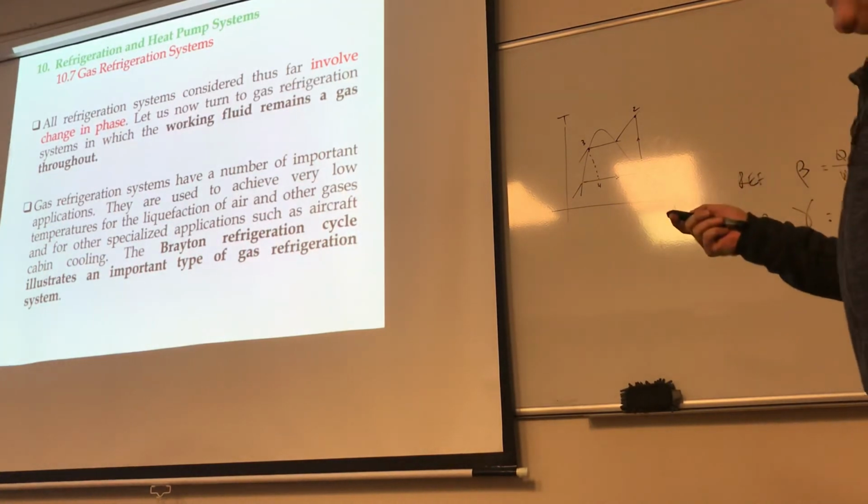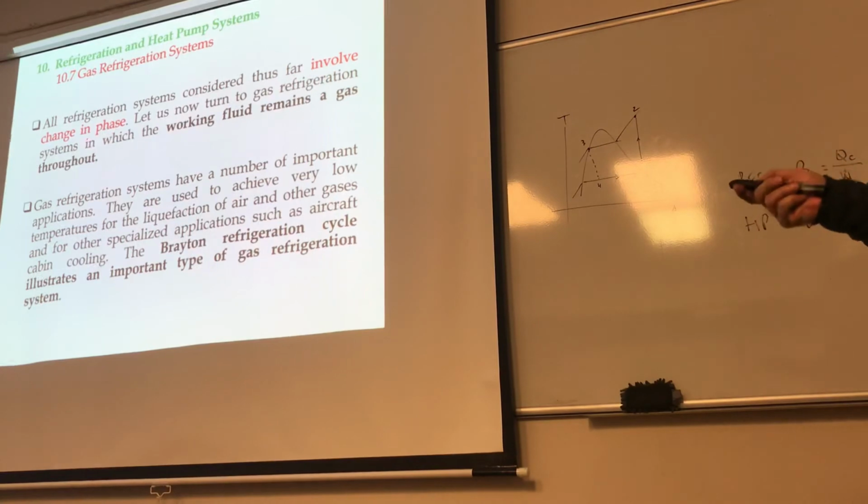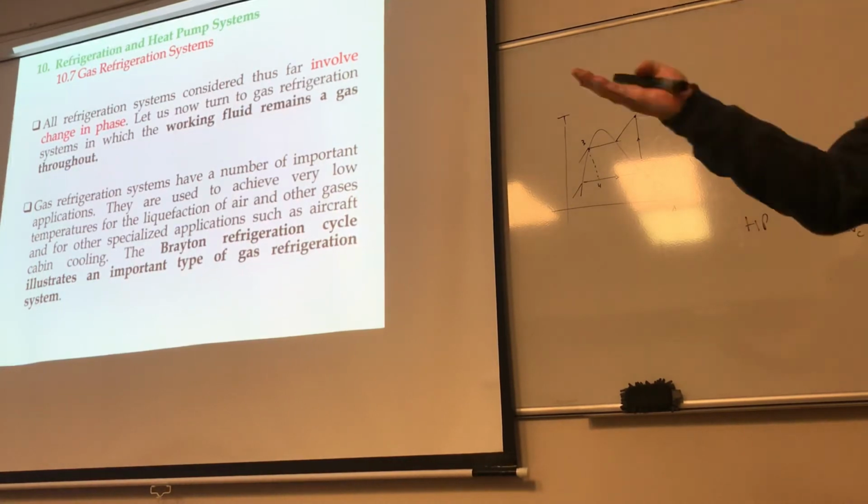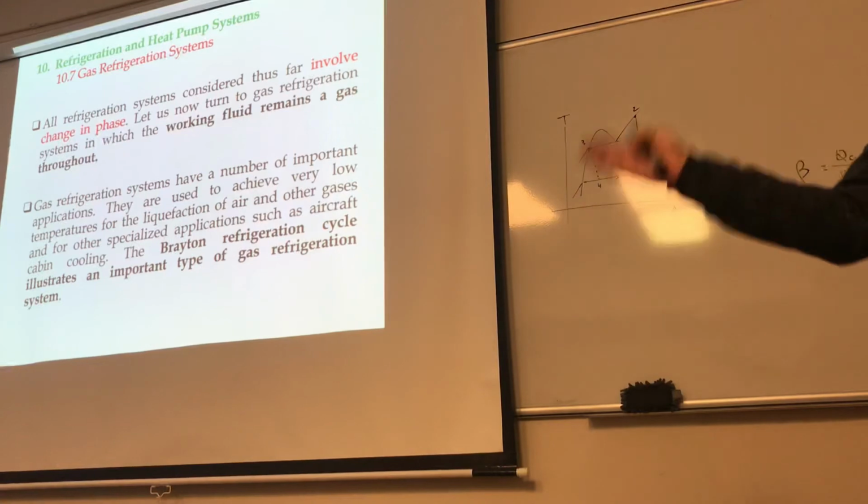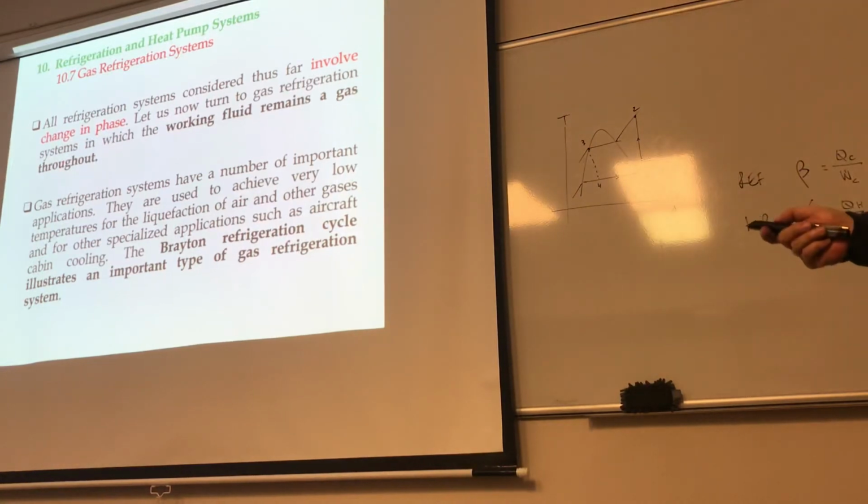So all refrigeration systems considered thus far involve phase change. Now we can look at one in which the working fluid remains a gas throughout. That means we don't have to go superheated or saturated or this or that. Obviously it's gas because it remains a gas throughout. They have a number of important applications.